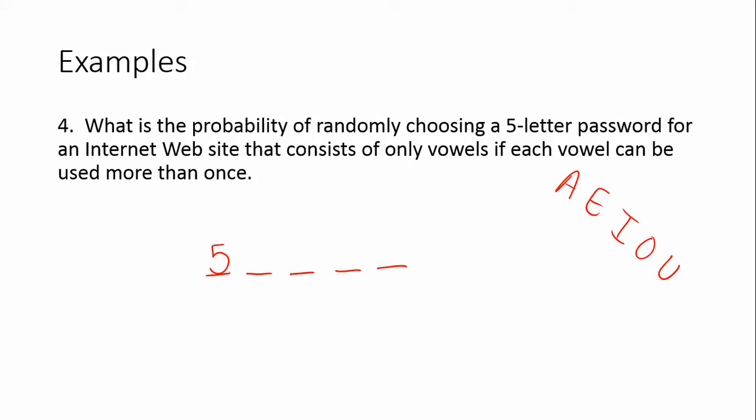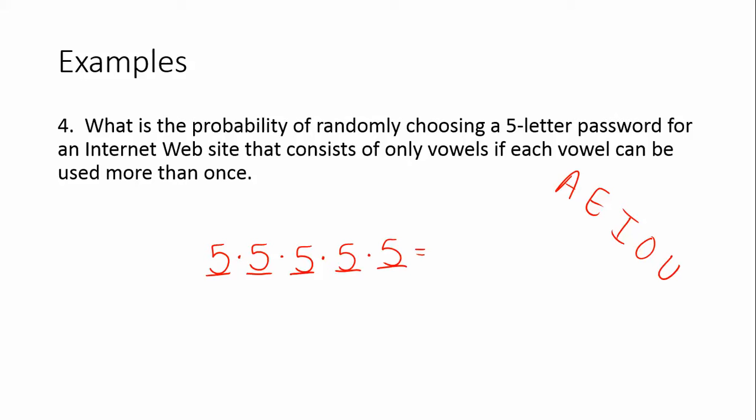So then for the second spot, how many different vowels can go here? Well, again, since we can repeat, we have A, E, I, O, and U, all options. In the third spot, again, since we can repeat, 5 vowels. 5 vowels for the 4th place and 5 vowels for the 5th place. The fundamental counting principle tells us to multiply all of those 5s together. This is the same thing as saying 5 to the 5th power.